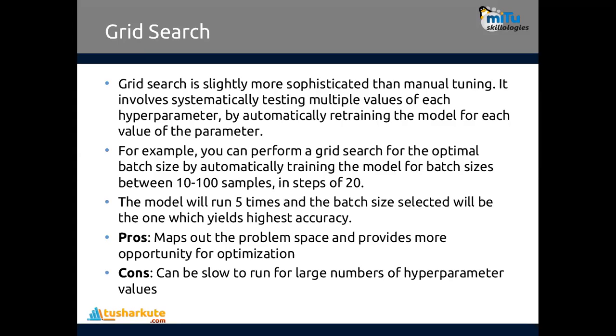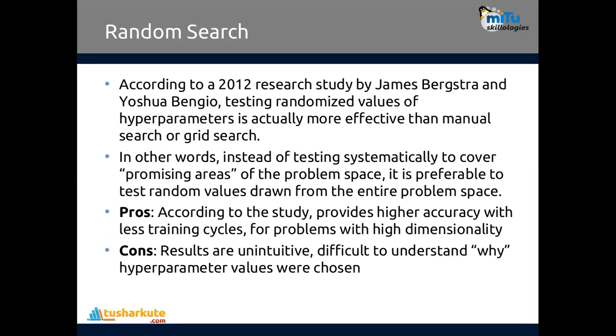Now, the third technique used for tuning hyperparameters is random search. According to a 2012 research study by James Bergstra and Yoshua Bengio, testing randomized values of hyperparameters is actually more effective than manual search or grid search. You can find this research paper in IEEE under the same name.